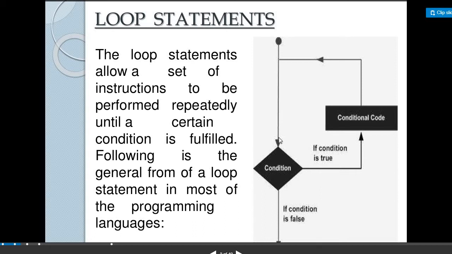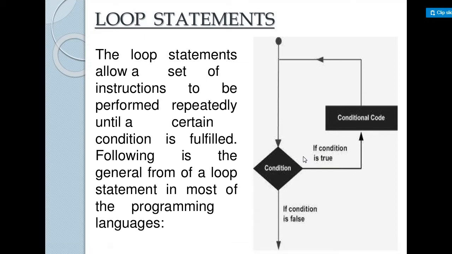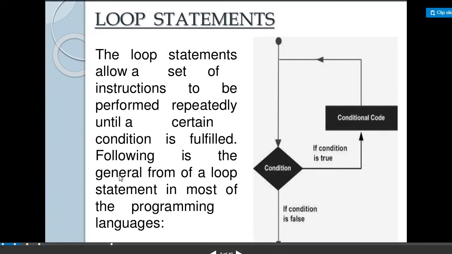So this is how the if and else condition works. For a loop, we go to the next slide, and following is the general loop statement. If the condition is satisfied, that is true, then control executes this part. If false, then it goes to this.